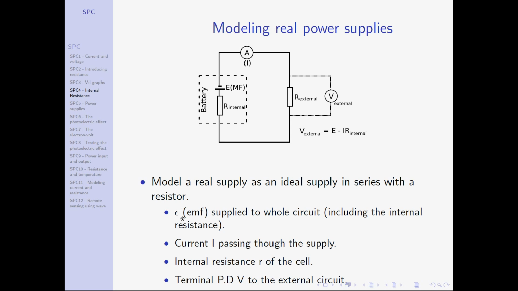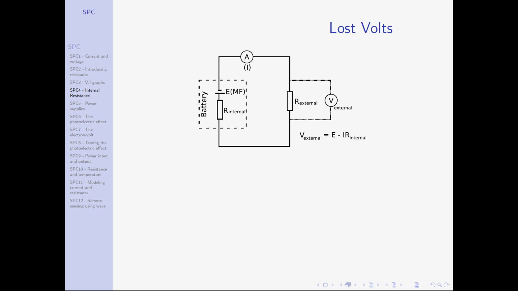The difference between the EMF and the terminal PD is that the EMF is what's put out by the ideal cell inside our real cell, and the terminal PD is what actually reaches the circuit. So some of the EMF is going to be lost inside this internal resistance, and only some of the EMF is actually going to make it to the external circuit to drop across whatever resistors we've got on the load.